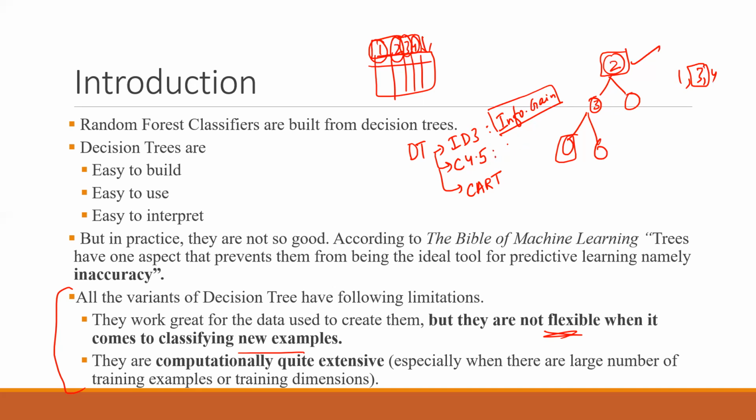In C4.5, we worked around the gain ratio. There was this thing called information gain divided by split ratio, which was the ratio called gain ratio, and we used the same method. We used to calculate gain ratio in C4.5, and whichever had the maximum value, we made that the root node, and then after that all the divisions were made, the split was done. But for the CART model, we used the third technique, which was called Gini impurity.